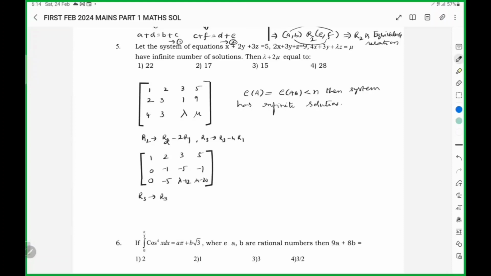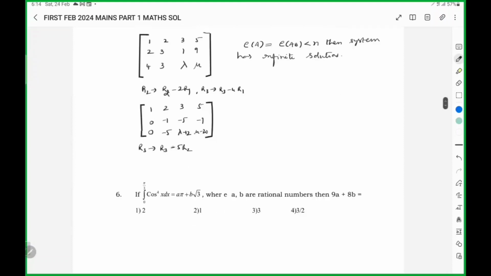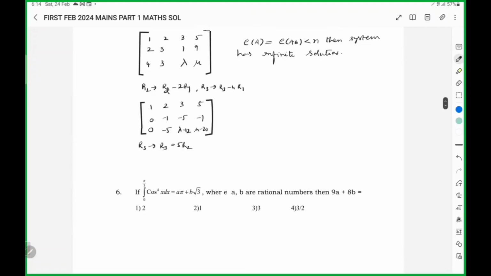Now R3 is replaced by R3 minus 5 times R2. So this gives us, first two rows are not changing, 0, 0, lambda minus 12 plus 25, that is lambda plus 13.